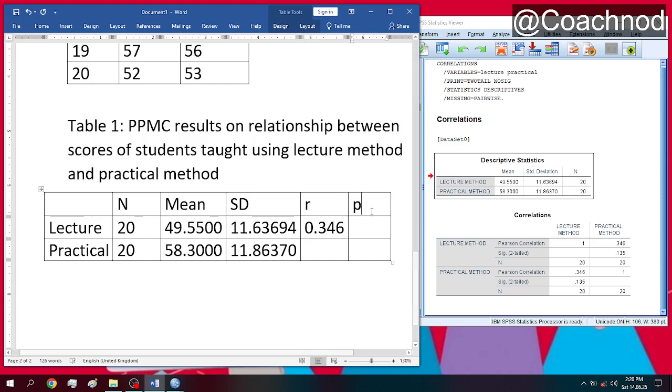Then our P, significance level, 0.135. So these are our results. These are our results now.